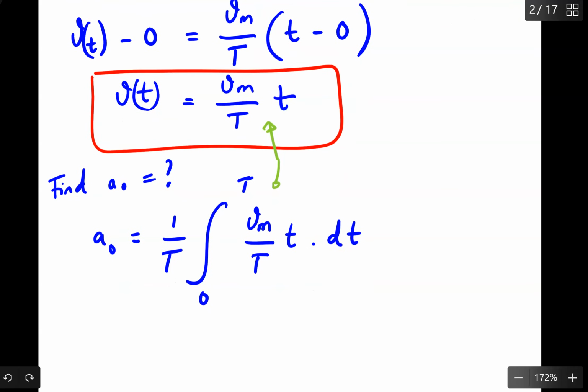I would like everyone to note that Vmax divided by the period T: Vmax is the value that you have on your y-axis, which is your V(t), and your time domain is T, the values right on here.